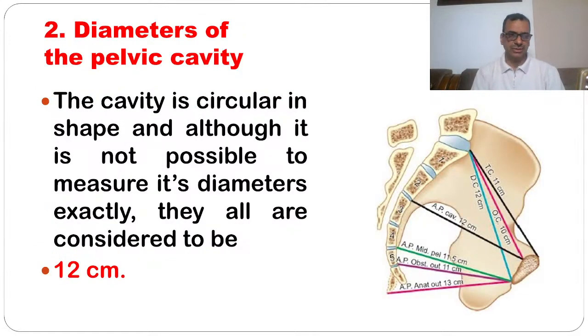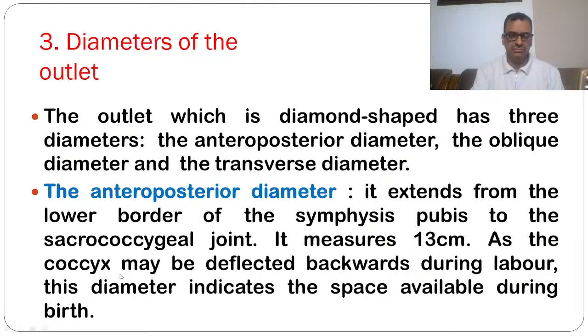Now we will come to the diameters of the pelvic cavity. The cavity is basically circular and the measurements are practically not possible to take. Still, we assume that all the diameters, anterior, posterior, transverse and oblique, are equal and measure 12 centimeters. Now we come to the diameters of the outlet.